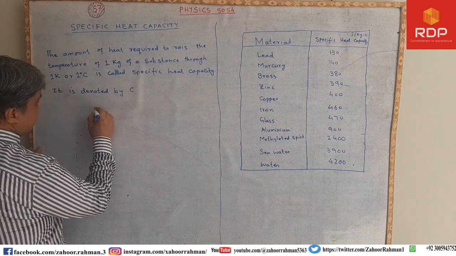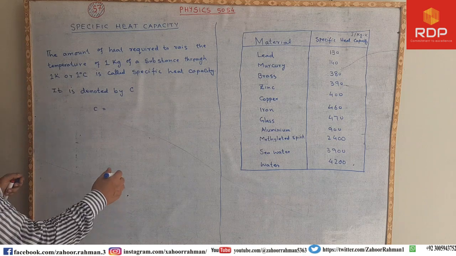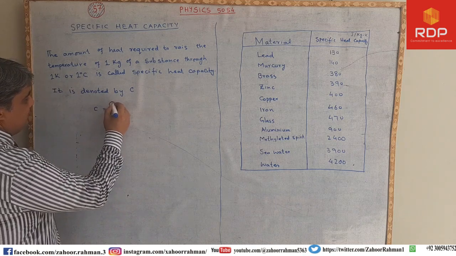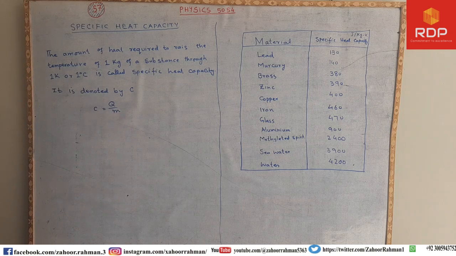Small c is equal to Q divided by m, where Q is the heat absorbed and m is the mass of the object.